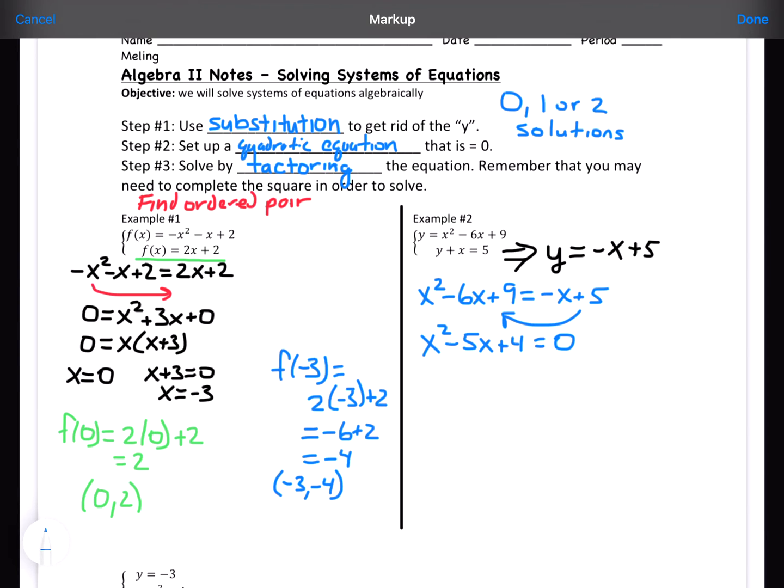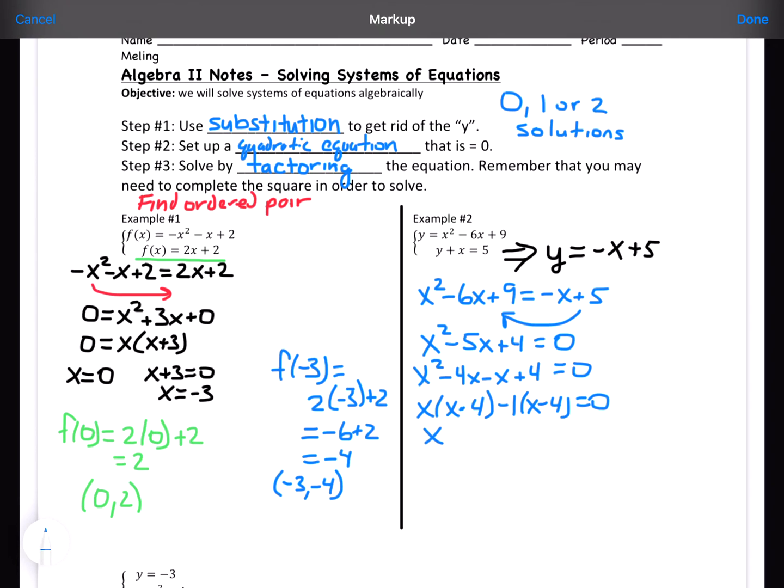All right, so when we factor this, I'm going to do factor by grouping. So that's x squared. What two numbers multiply to be 4 and add up to negative 5? I'm going to have minus 4x minus x, and then a plus 4. So I split up the minus 5x. And so then I'm going to have x times x minus 4 and minus 1 times x minus 4 equals 0.